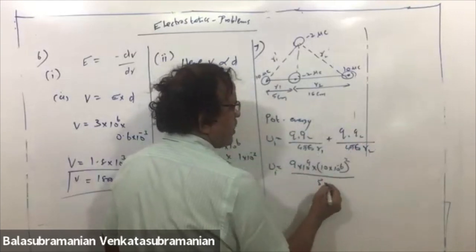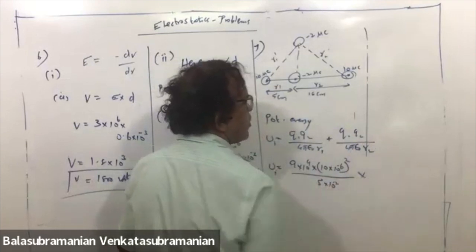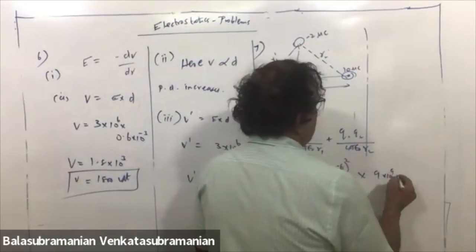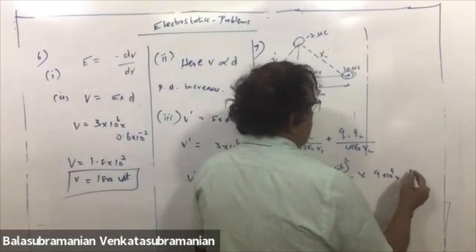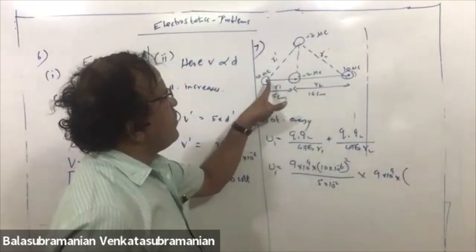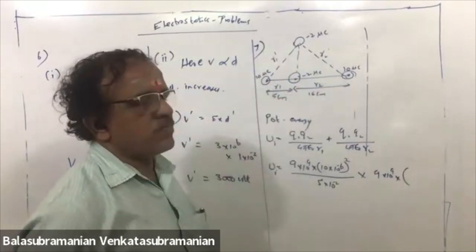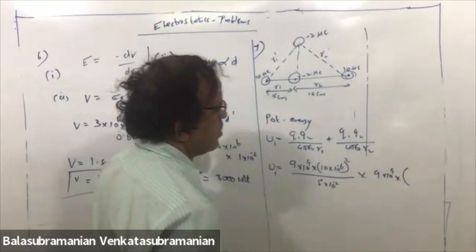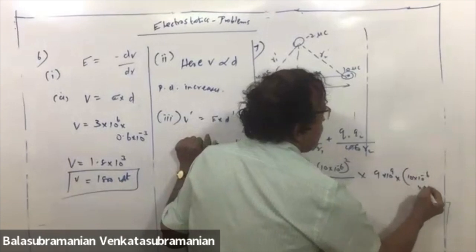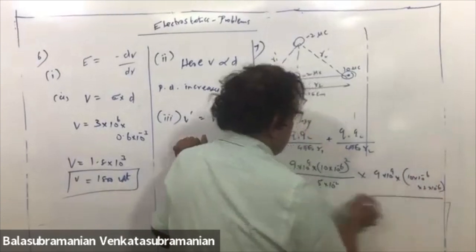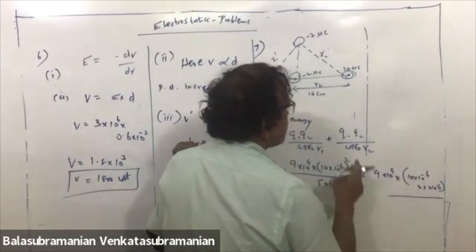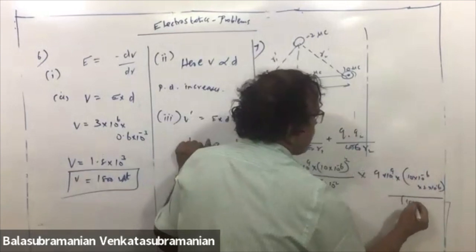R1 is 5 centimeter. Similarly, here 9 into 10 power 9. Q1, Q2 between these two and between these two. What are the charges? 10 into 10 power minus 6, 2 into 10 power minus 6, whole divided by the distance, 15 centimeter.